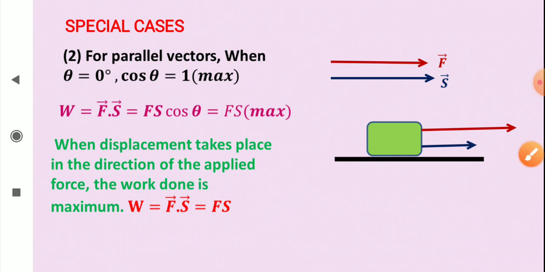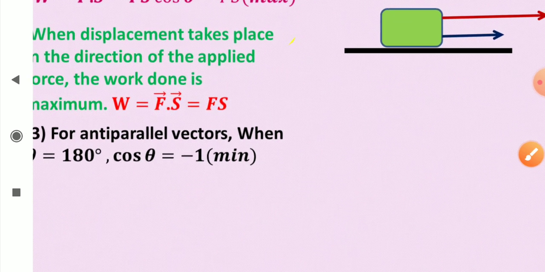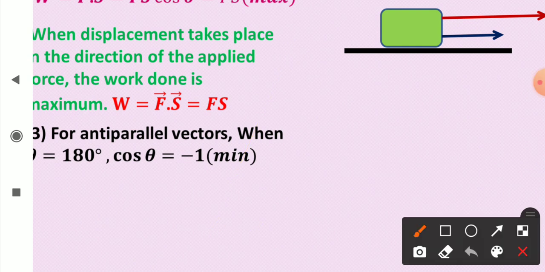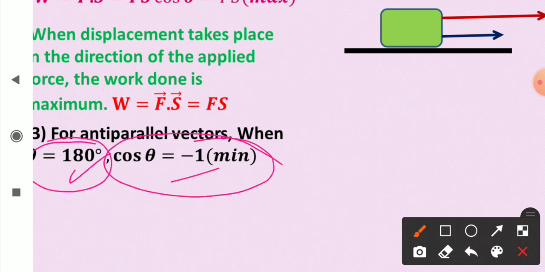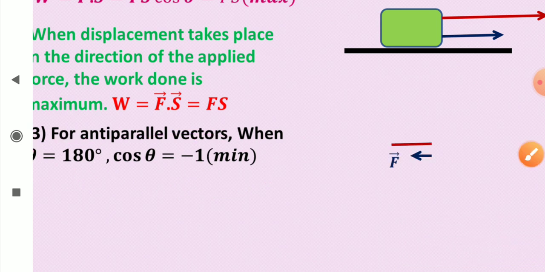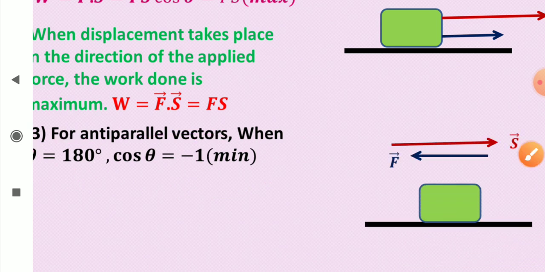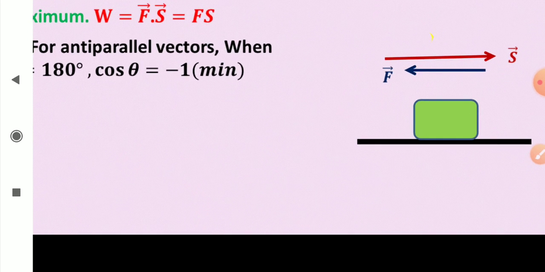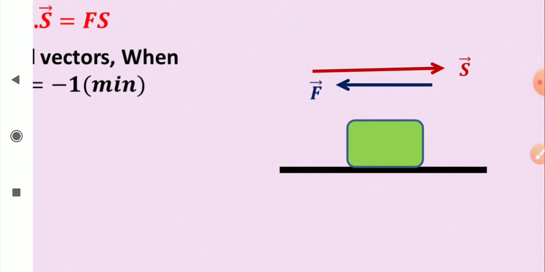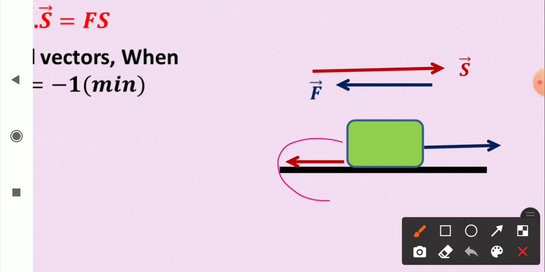And now, when the force and displacement are anti-parallel, that is, the angle between force and displacement is 180 degrees, and you know that cos 180 degrees is minus 1. A familiar case is that of frictional force. If the displacement is along the right direction, the frictional force will be opposing it.